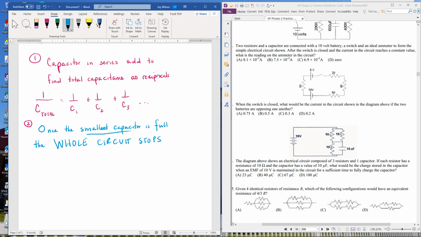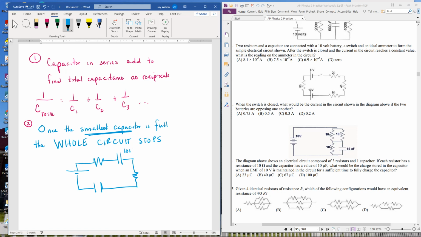So it doesn't matter where the smallest capacitor is, since all the objects are in series. So if we had, here's our battery, we had a resistor here, we have a capacitor here, we have a resistor here, we have a capacitor here.